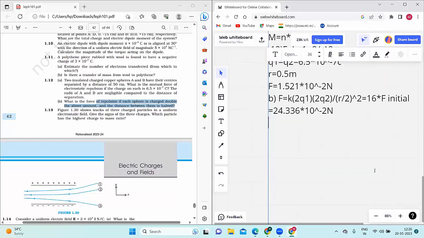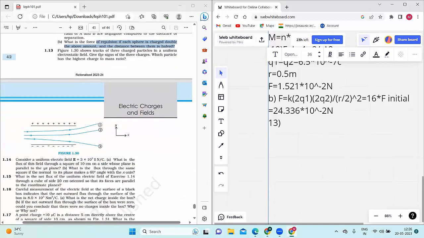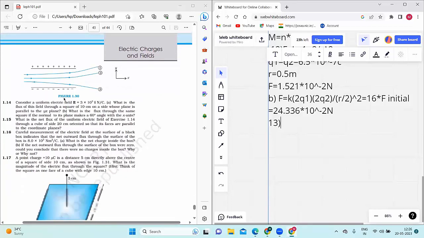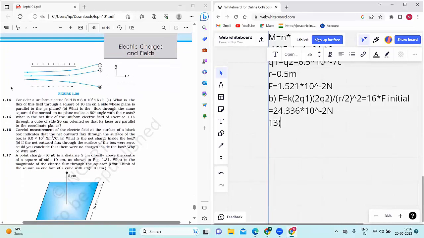Now we will proceed with the 13th question. The figure shows tracks of three charged particles in a uniform electrostatic field. Give the signs of the three charges. Which particle has the highest charge to mass ratio? From the figure we can observe that these are two plates, one a positive plate and another a negative plate. The electric field between the two plates will be from positive to negative, in the downward direction.